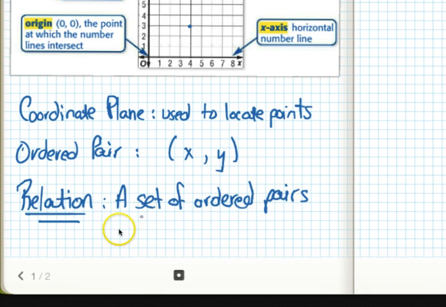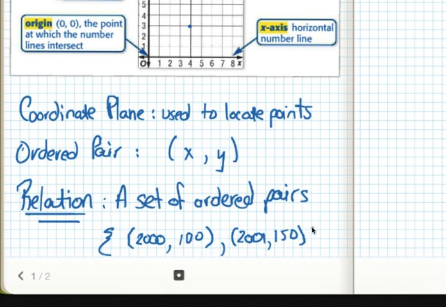Maybe you are graphing a set of ordered pairs that give you the population over a certain number of years. So maybe in the year 2000, there was a population of 100 ladybugs living around your house. Maybe in 2001, there were 150 ladybugs, okay? And I could keep adding to this, but that is a particular set of ordered pairs.